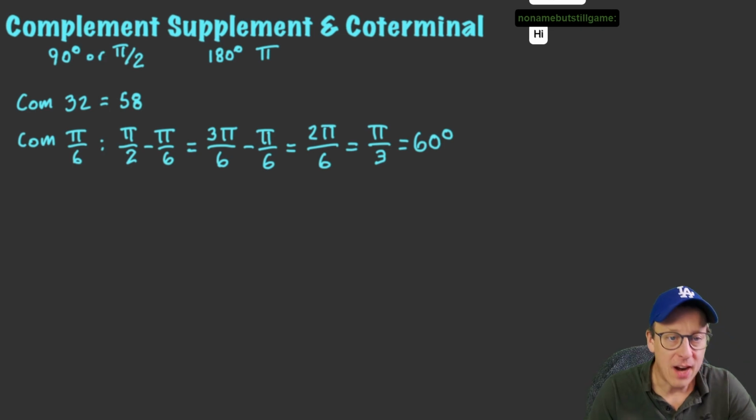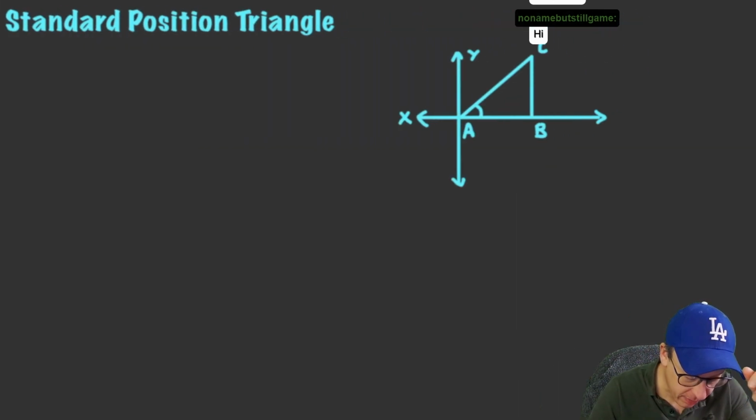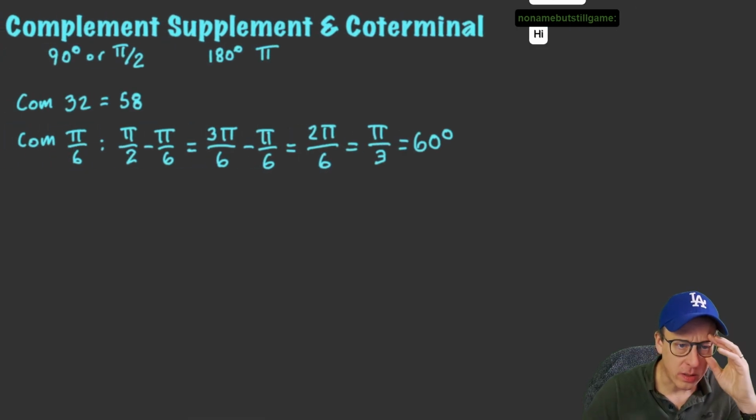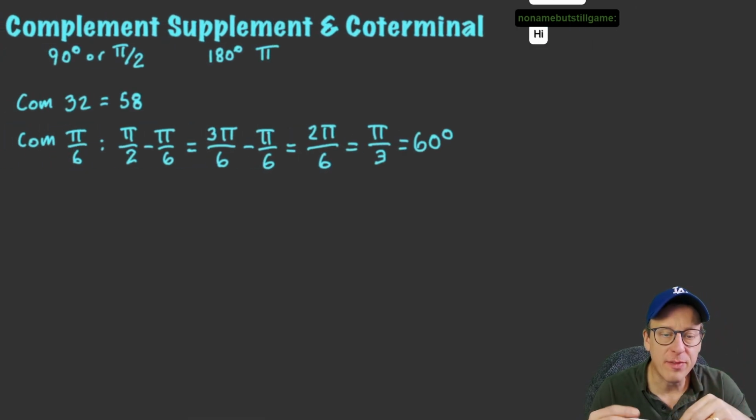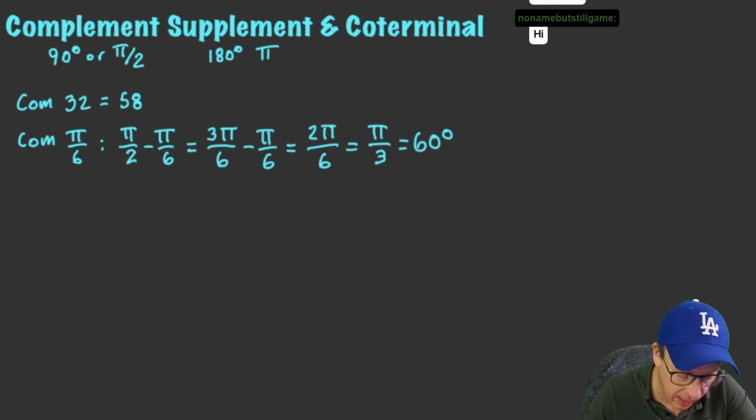All right, coterminal angles can be found by adding or subtracting 360. Do I have a graph of this? I guess I don't. But if two lines have arrowheads, that's going to symbolize that they are parallel. So I'm going to draw this in here so that you can see exactly what I mean.